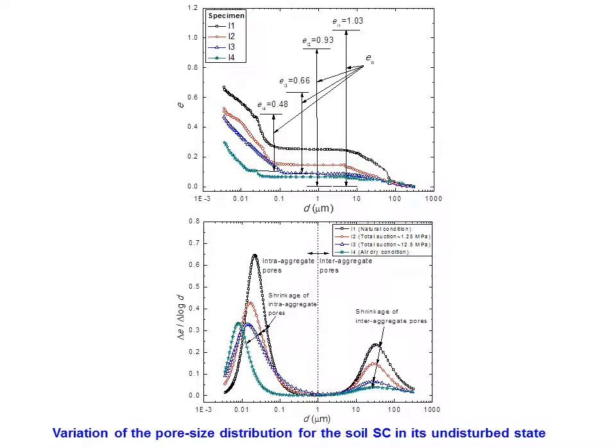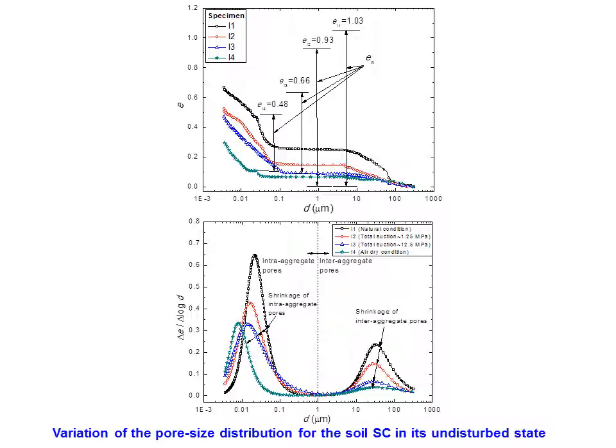Now let us try to understand the pore size distribution characteristics of the swelling clay for the undisturbed or intact samples. I1 represents the initial undisturbed state of the sample, whereas I4 represents the air dry state of the sample after completion of the drying cycle.